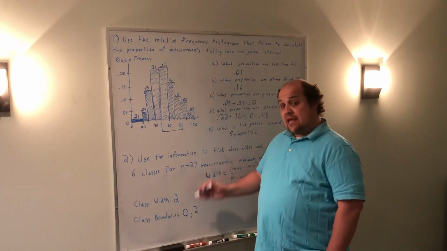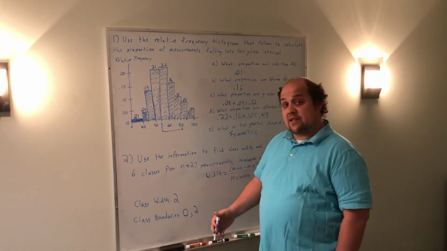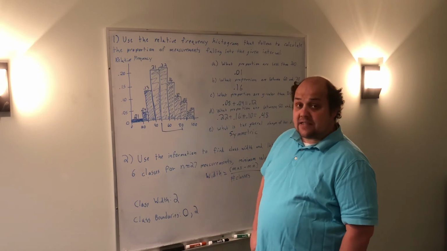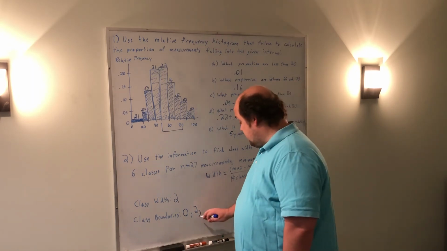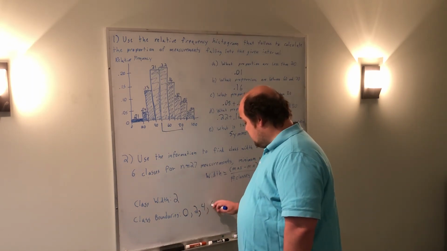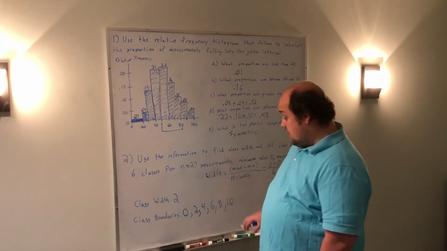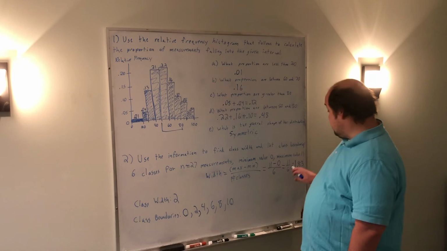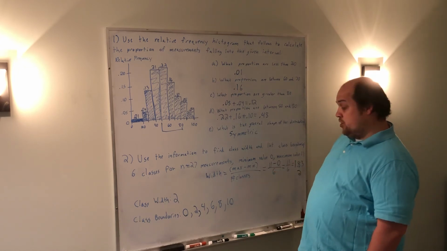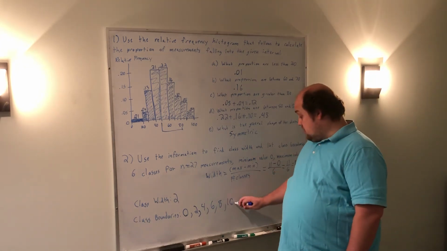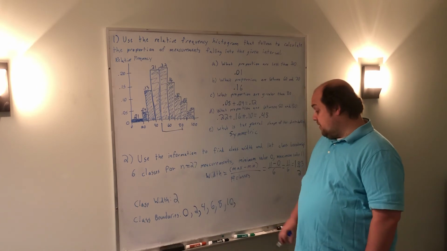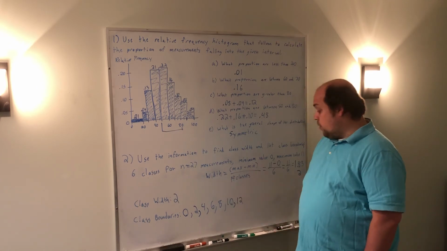I then want to keep adding the class width until I get to something that's beyond the maximum. So if I add 2 to 2, I get 4, 6, 8, 10. I can't stop at 10 because I still have a measurement, 11, which is beyond that class boundary. So again, I go the class width of 2, and I wind up at 12.